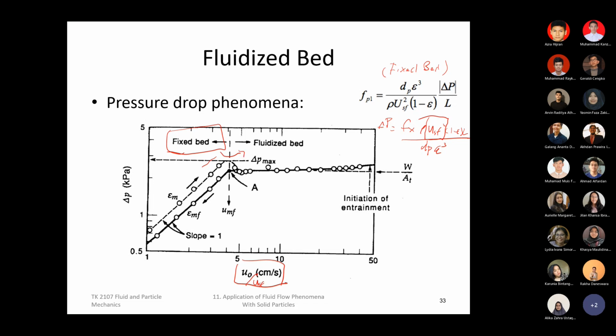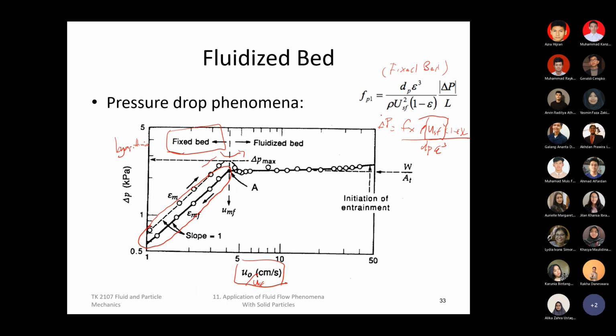But the interesting thing about this measurement is the pressure drop is almost linear in a way when you're still in a fixed bed region. Okay, don't forget that this is logarithmic, so it's not completely linear.